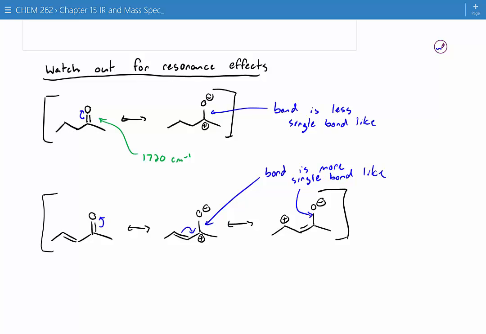So if we think about where these should show up in the IR, this one has more single bond like character, which conversely means it'll show up at a lower frequency.